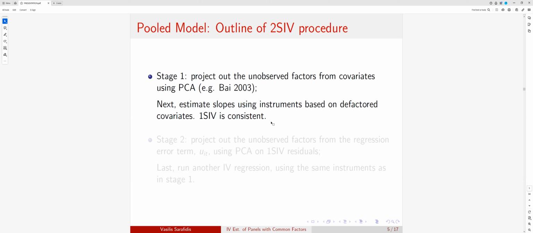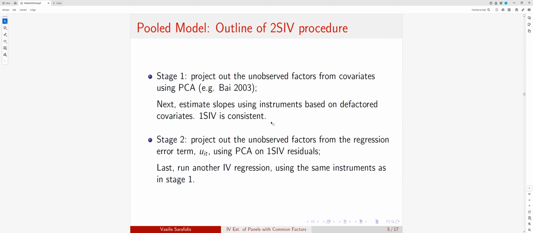The resulting IV estimator, the first stage IV estimator, is consistent. In the second stage, we project out the factors that directly hit Y using PCA based on the first stage IV residuals, and subsequently we run another IV regression using the same instruments as in stage 1.